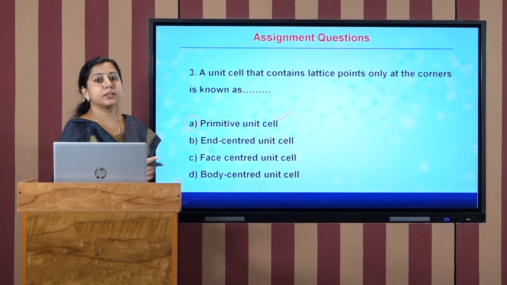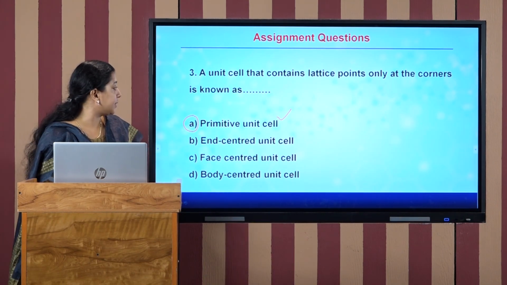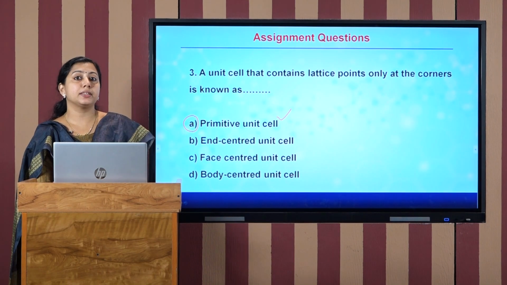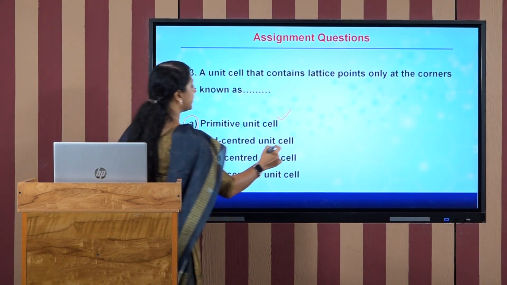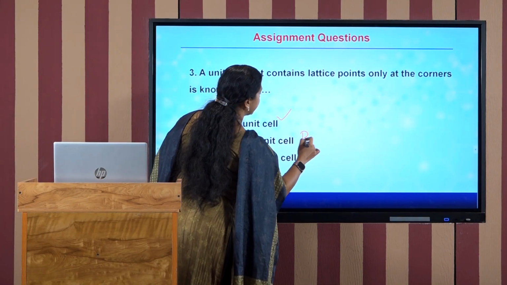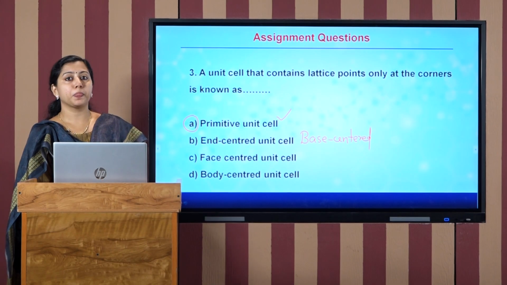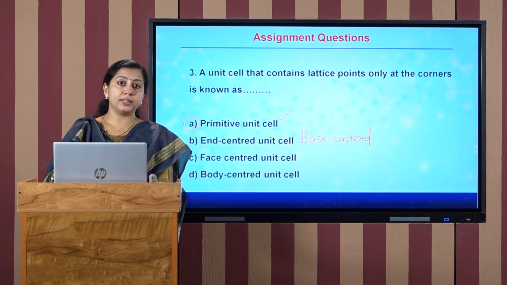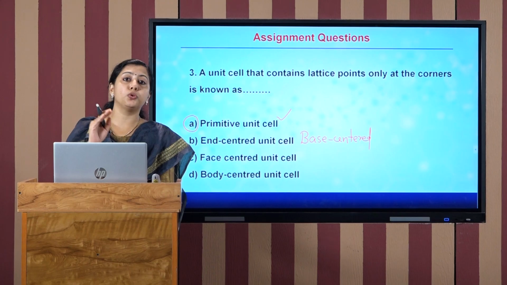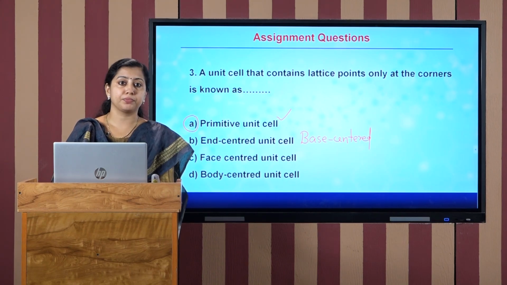Now, what about the other three options? The end-centered unit cell is also known as a base-centered unit cell. So, in a base-centered unit cell, the atoms will be present at the corners, and also the atoms will be present at the centers of the two opposing faces.